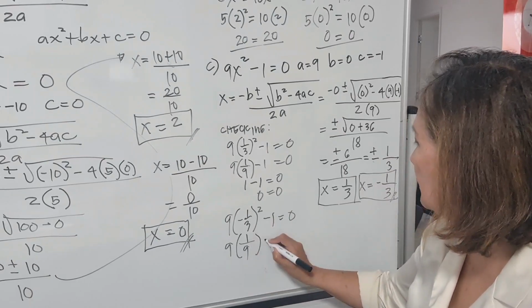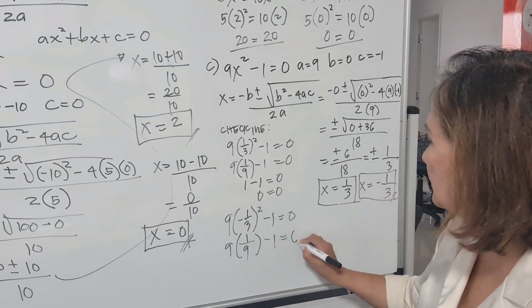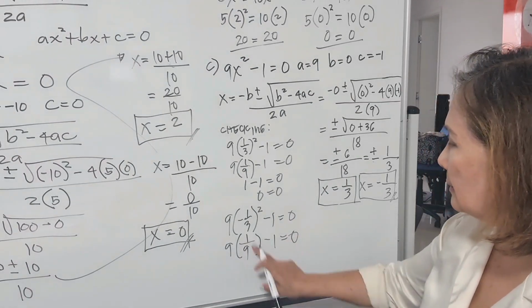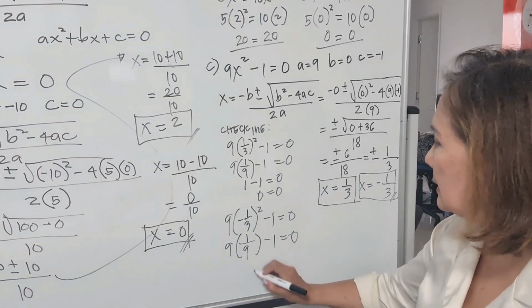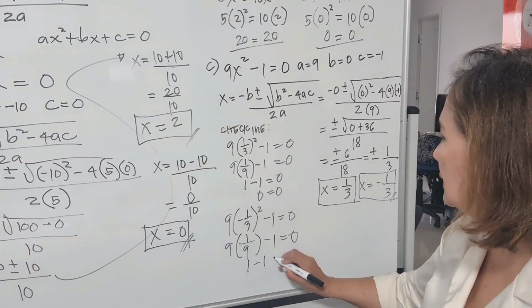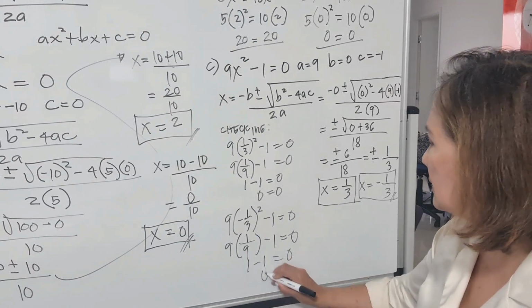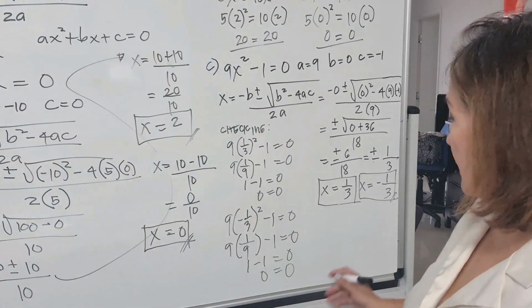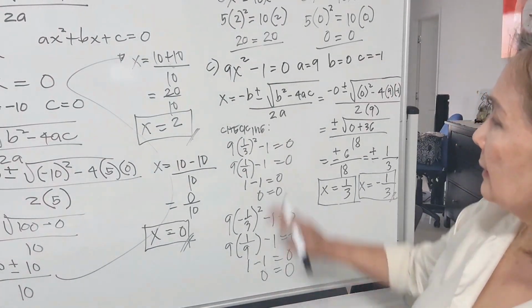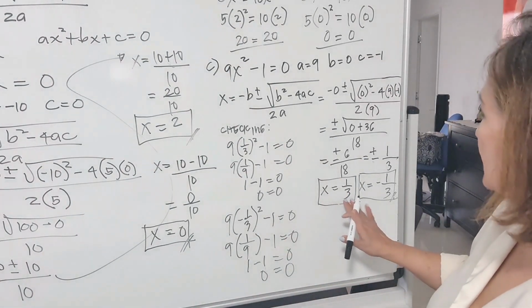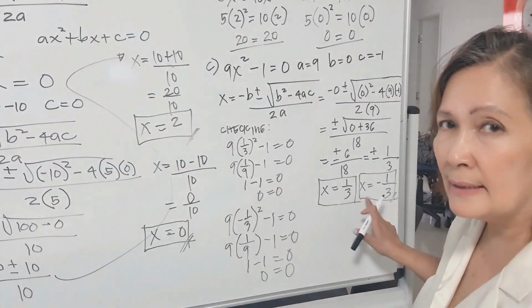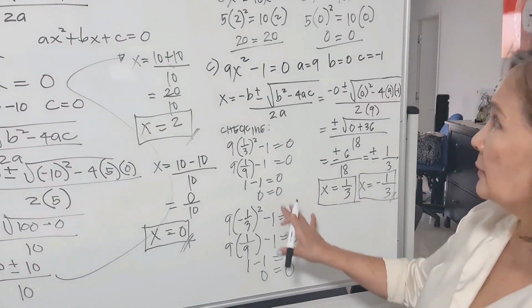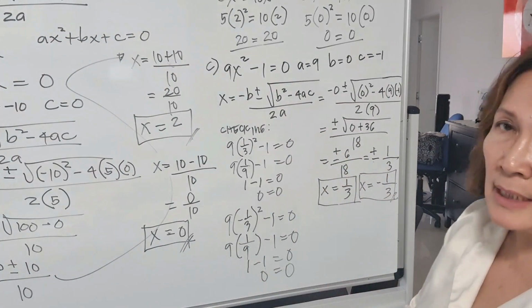So minus 1 equals 0. So 9 times 1 divided by 9 is 1 minus 1 equals 0. 0 equals 0. Okay, so we justify that both values of x, which are 1/3 and negative 1/3, are both correct with this given equation.